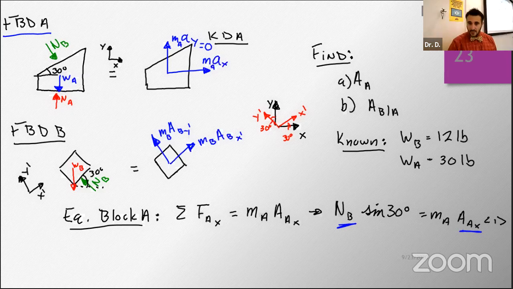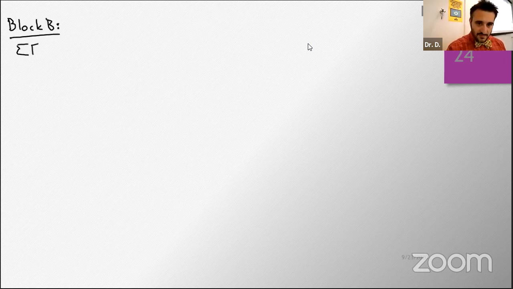Well, I can start writing equations for block B. I'm going to write my equations for block B on this slide. For block B, I can sum my forces in the x prime direction, or in the x direction if that makes you more comfortable.